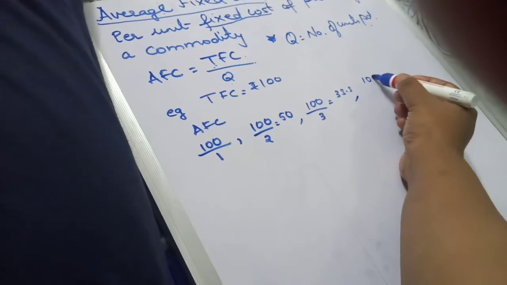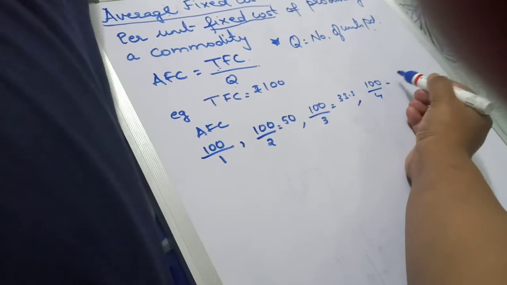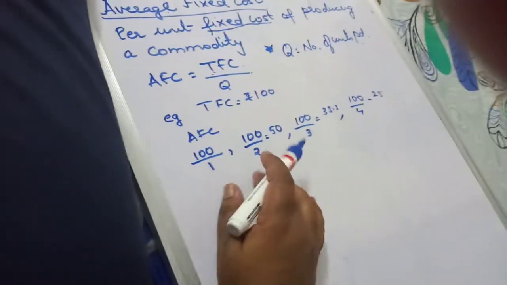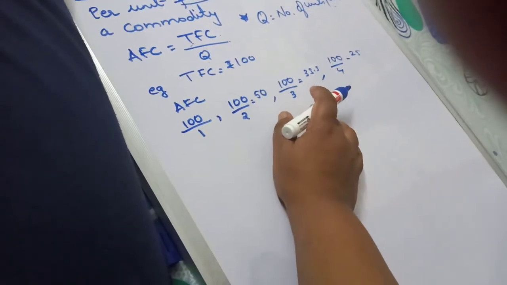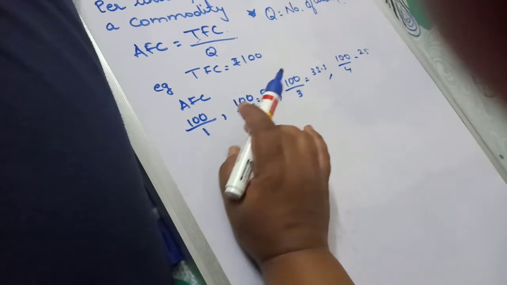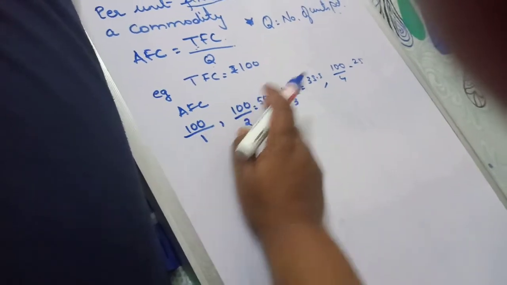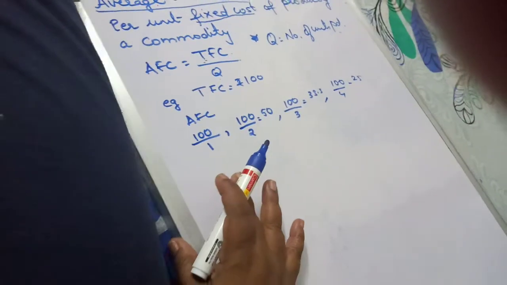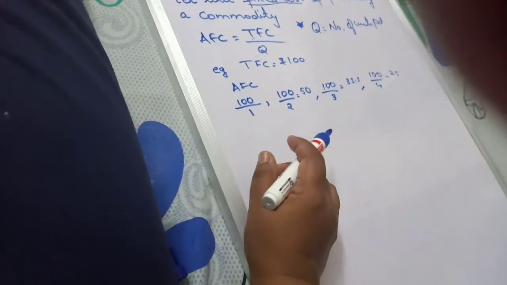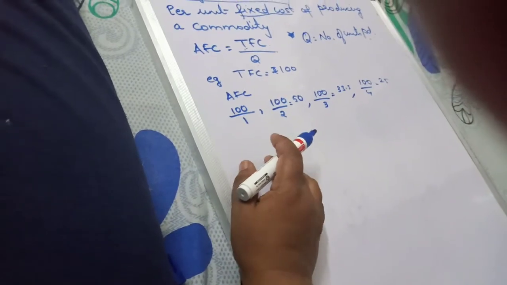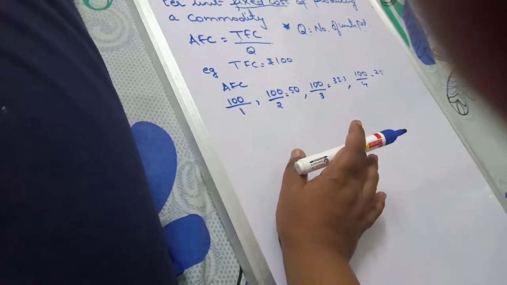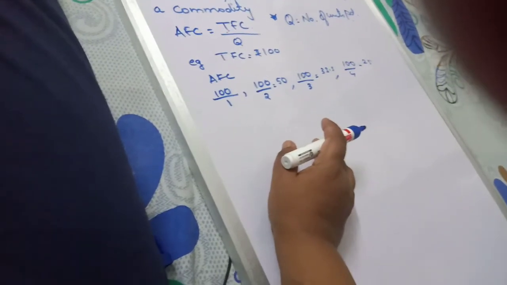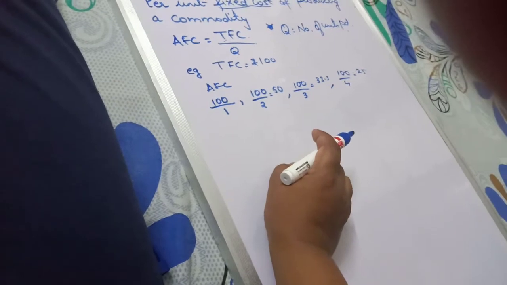Then 100 upon 4, that is 25. So as the number of units produced are increased, you're going to find that the value of AFC is going on falling. It will diminish as you increase the production.